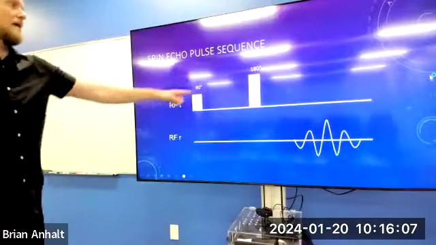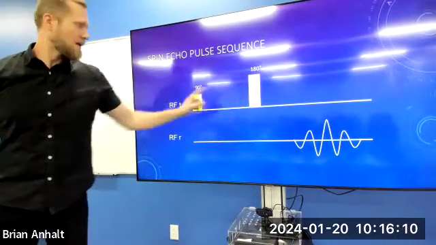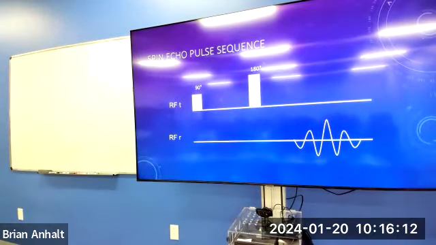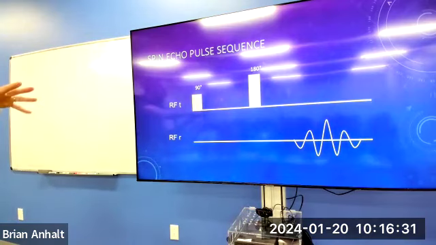Right here, 180-degree refocusing pulse. 90 degrees in phase, boom. They start to dephase very quickly due to inhomogeneities and susceptibilities. There are true T2 interactions also happening, but it's happening much slower than the dephasing due to inhomogeneities and susceptibilities. At some point, we decide to boom, flip it over 180 degrees.